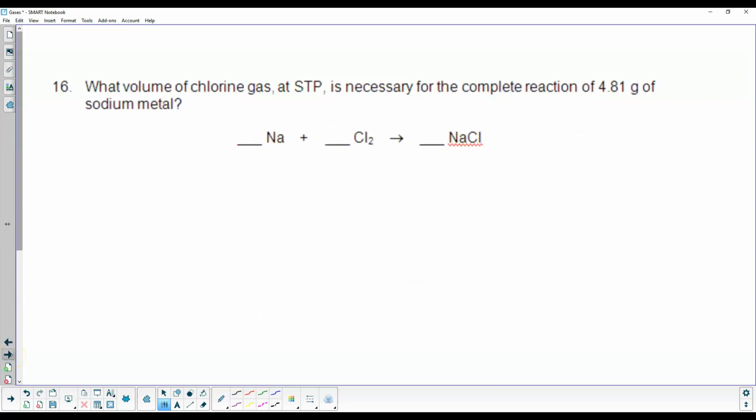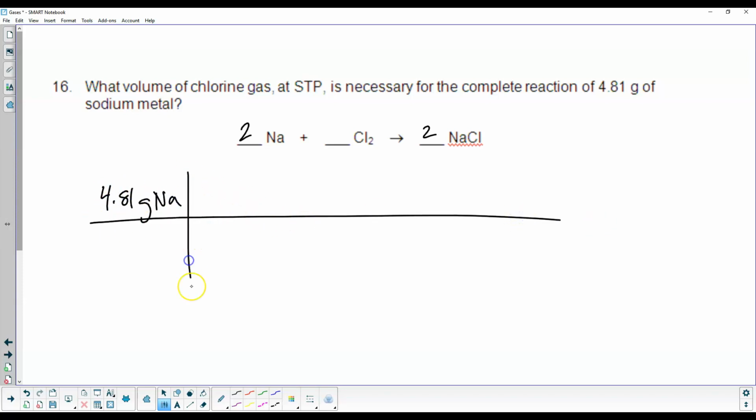Okay, another one. Let's say I want to know what volume of chlorine gas at STP is necessary to completely react 4.81 grams of sodium. Once again, you're going to start by balancing. You put a 2 here and a 2 here, and we're good. Start with what we know: 4.81 grams of sodium. First thing I need to do is make that moles. I know that every mole of sodium weighs 22.99 grams of sodium.